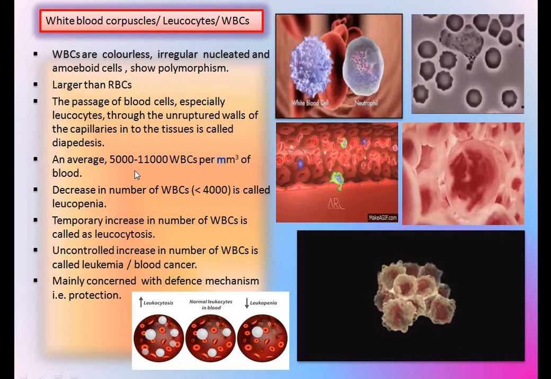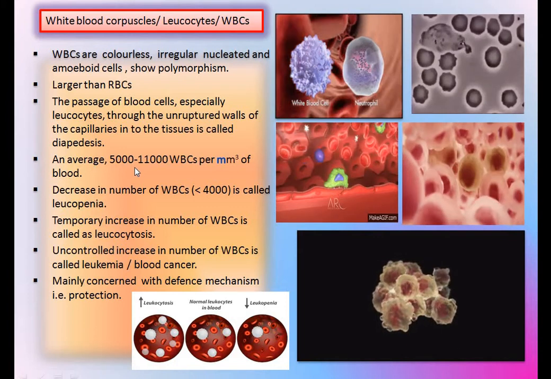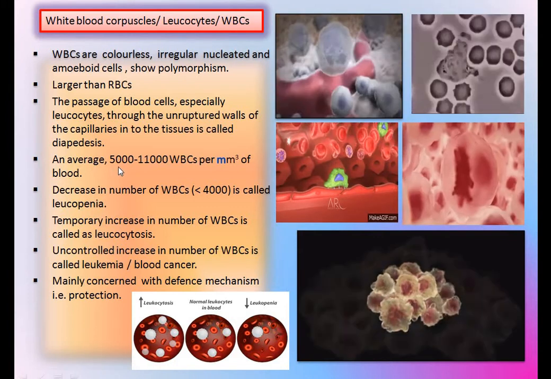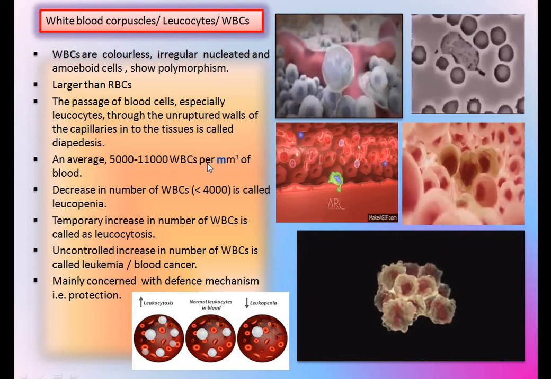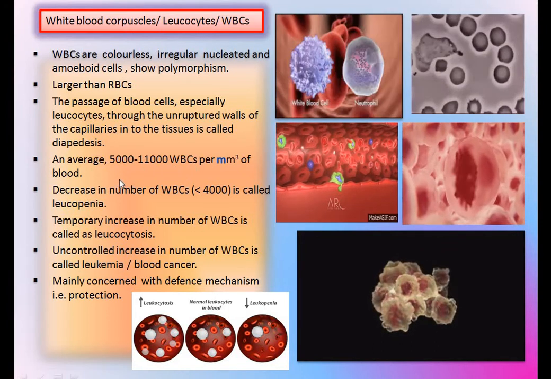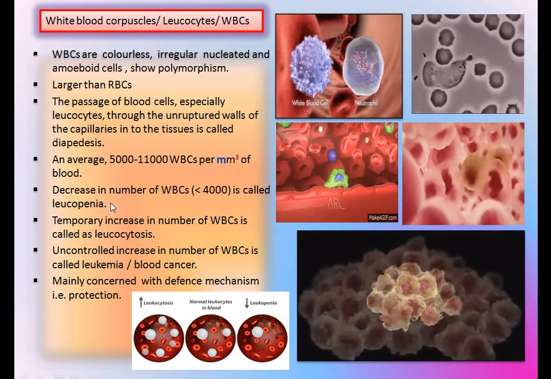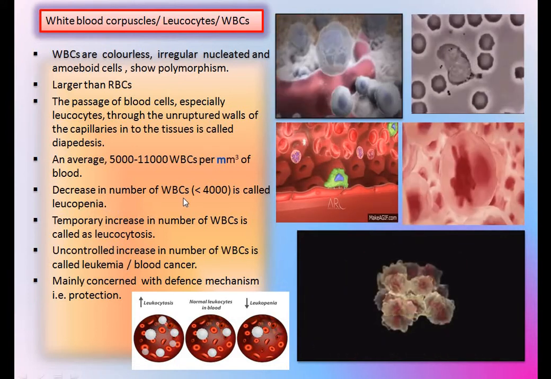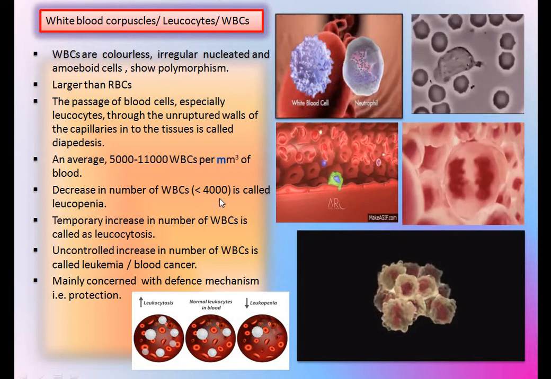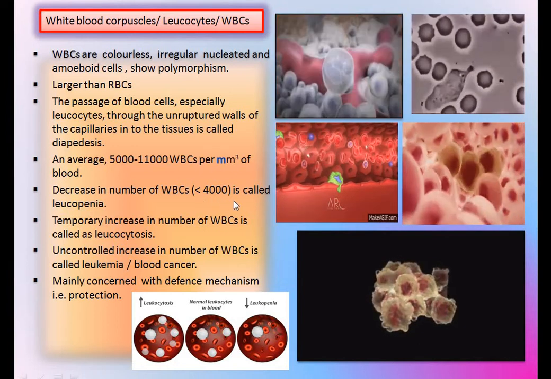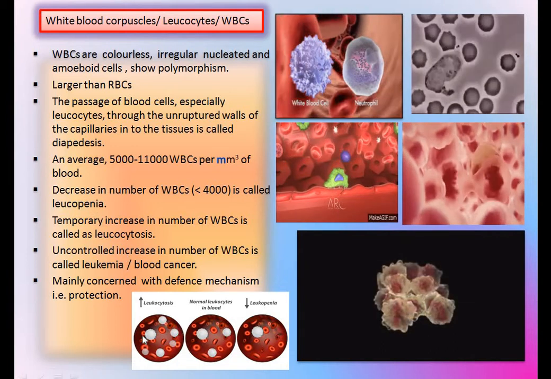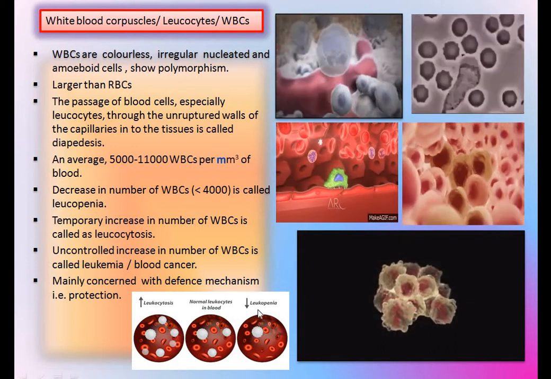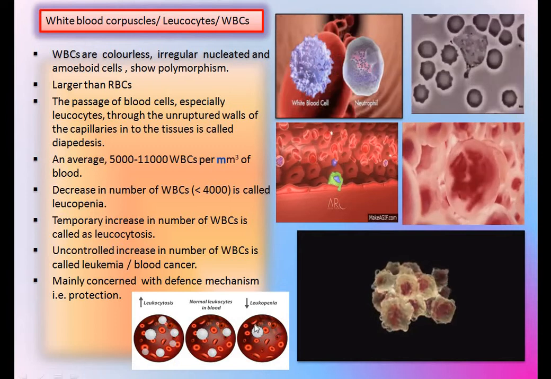An average of 5,000 to 11,000 WBCs per millimeter cube of blood. Then a decrease in number of white blood corpuscles, that is less than 4,000, is called leukopenia. Here in this figure, this is leukopenia.